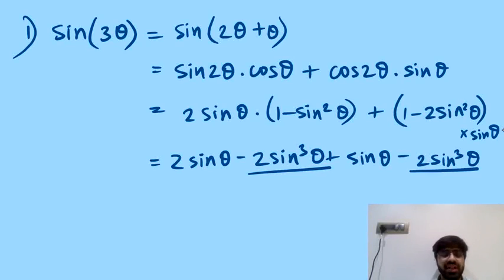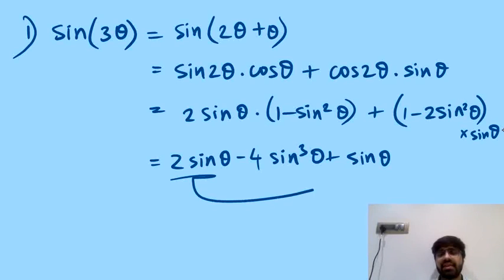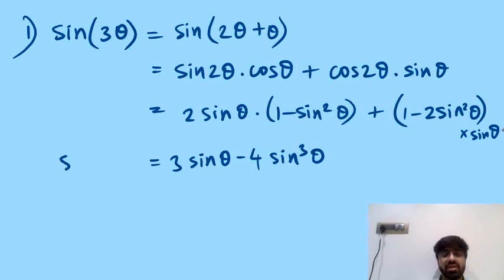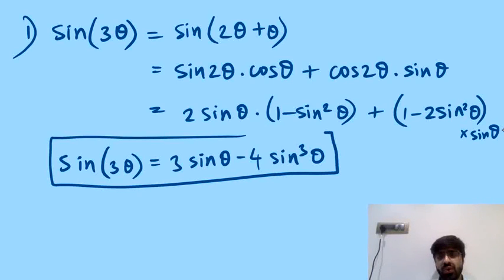Minus 2 sine cube theta minus 2 sine cube theta makes it minus 4 sine cube theta, and 2 sine theta plus sine theta makes it 3 sine theta. So here's the formula for sine 3 theta, that is sine 3 theta is 3 sine theta minus 4 sine cube theta, and this formula also, like the previous ones, can be applied in this way.